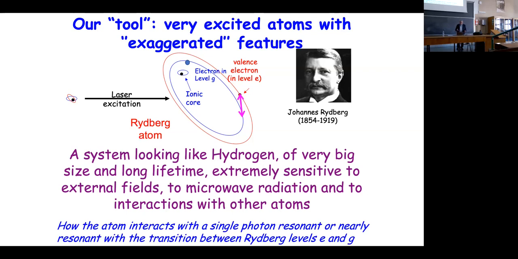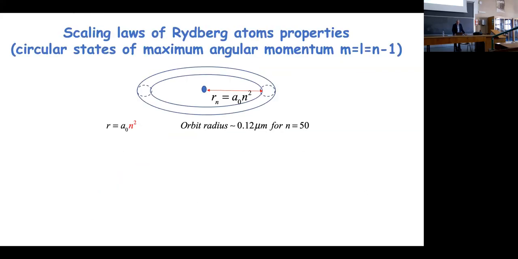So what we'll be interested in here is to understand how the atom interacts with a single photon, which is either resonant or nearly resonant with the transition between Rydberg levels. And I will call E and G the two Rydberg levels which are relevant for this transition. I will give you now some orders of magnitude, and I will restrict myself to the circular Rydberg atom.